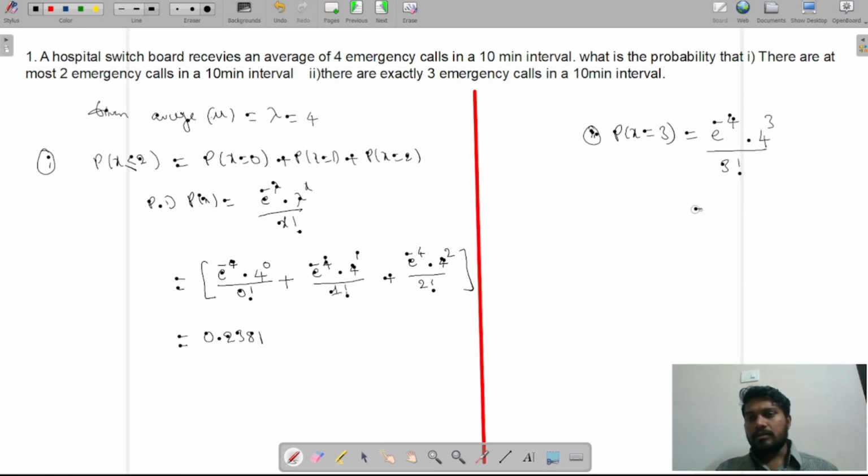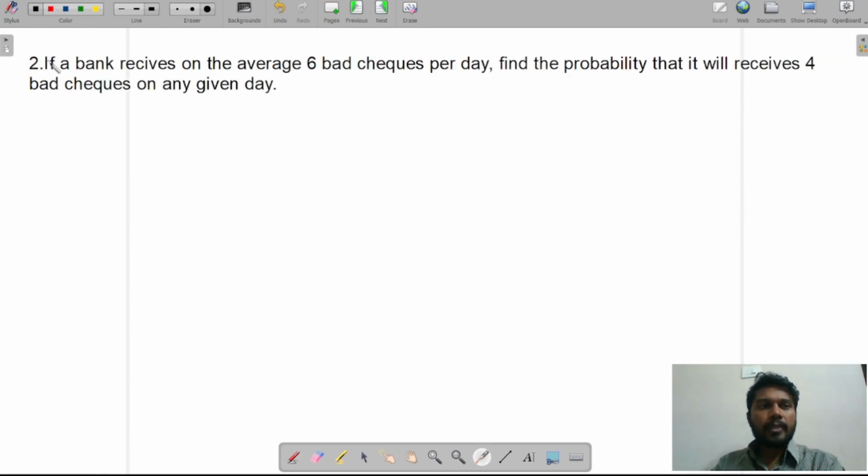The solution of this probability at x equal to 3 is 0.1954. So this is the probability of getting exactly 3 calls in a 10 minute interval. Now we'll go to the second question of the Poisson distribution.